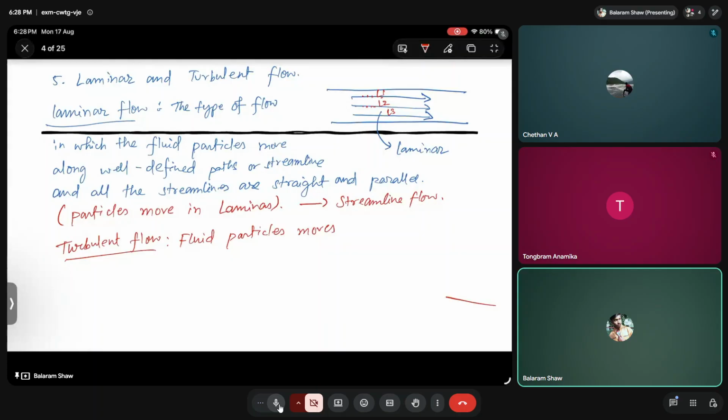So let's say if this is the fluid layer, it can move something like this, and then this, and then somewhere this. Because of this kind of movement, eddies can also form in the turbulent layer. So these are the eddies. There will be eddy formation in turbulent flow.